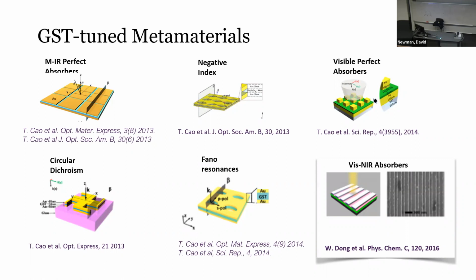These were all simulation papers. But as I mentioned, in 2015 we got a campus with a clean room and we could start making things. So in 2016, we made our first paper, which was based on plasmonic structures on top of GST. And we could show different colors and things that we could create with these devices.